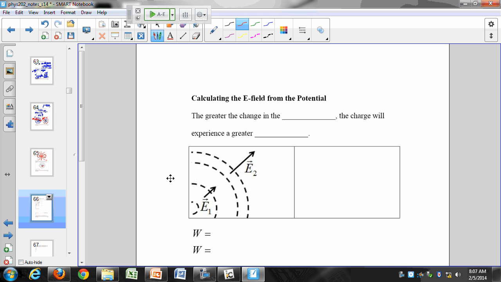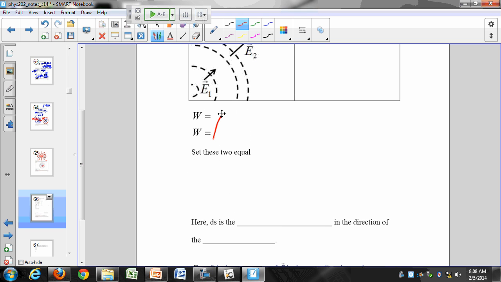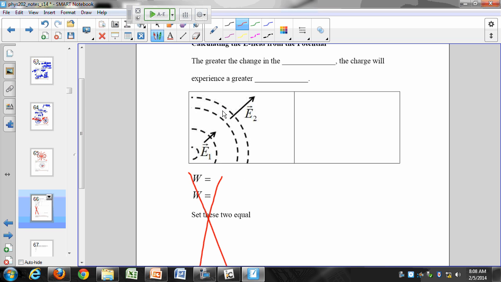If I know the potential... I'm going to skip through the derivation since we're running short on time and just show you what it is that we're doing. So for example, here I have equal potential lines here, and then here, and here.